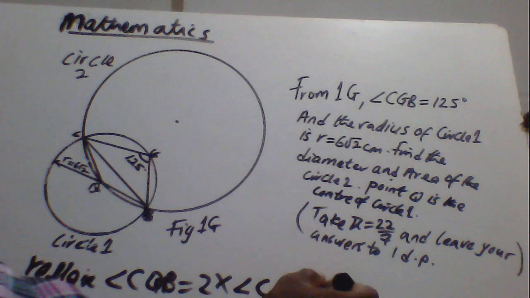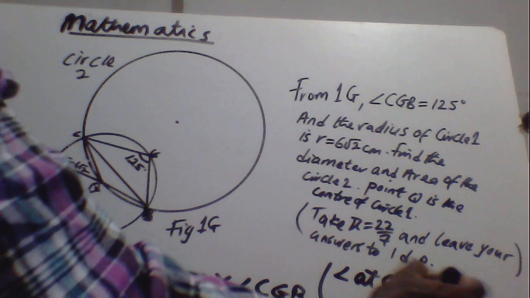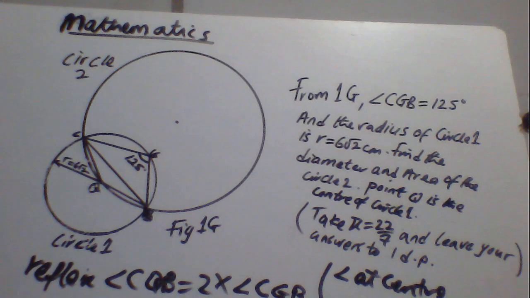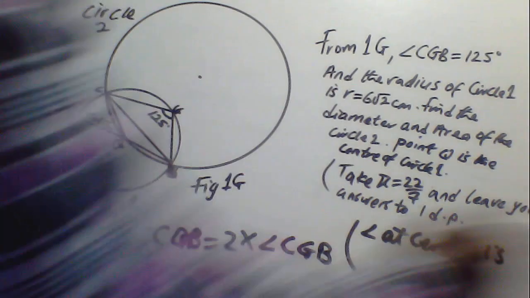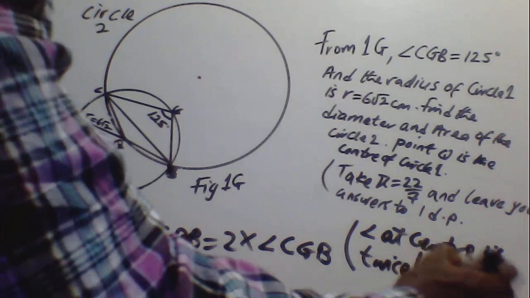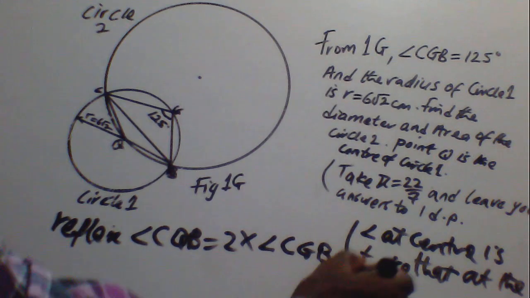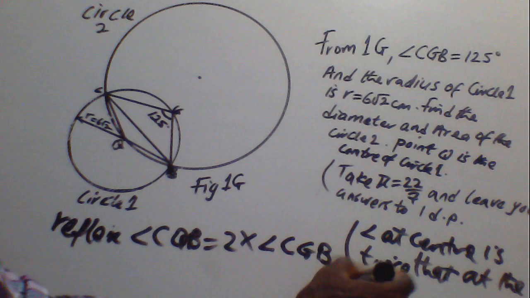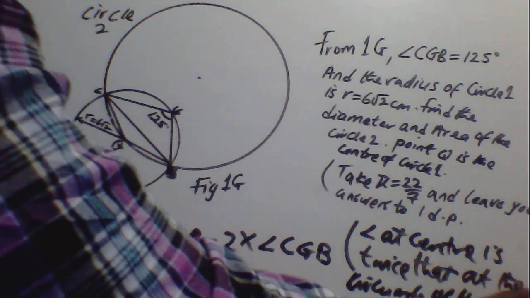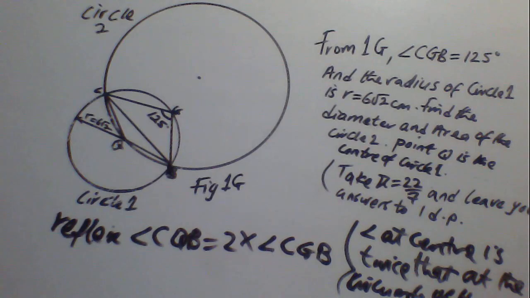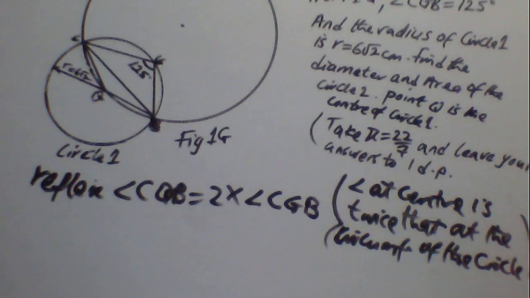The reason is that the angle at the center is twice that at the circumference of the circle.